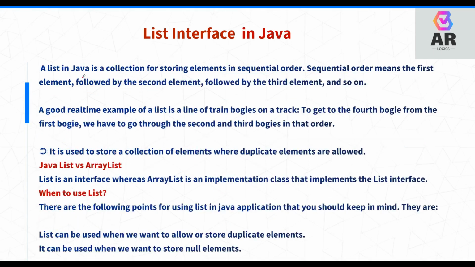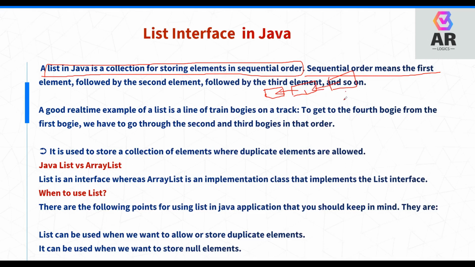A list is a Java collection storing elements in sequential order. Sequential order means the first element followed by the second element followed by the third element. Like suppose one train is there, the first bogie is followed by the second one, the second bogie is followed by the third one.